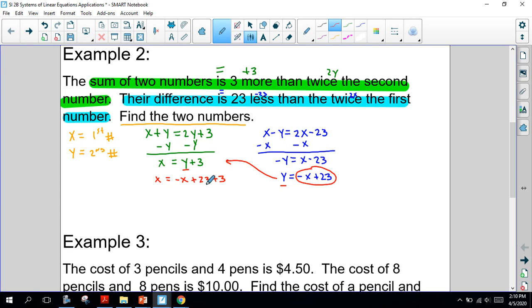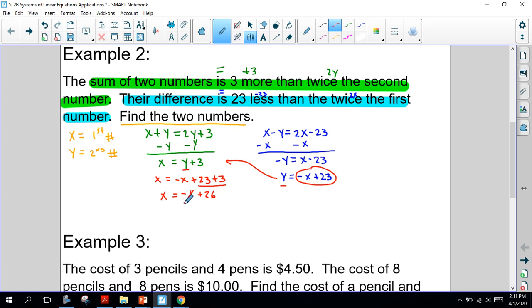Well, from that point, we combine our like terms here on this side since they're already together. I've got negative x plus 26. Over here on this side, I still have the x. And as I'm solving this equation, I want to get the x's together on one side.